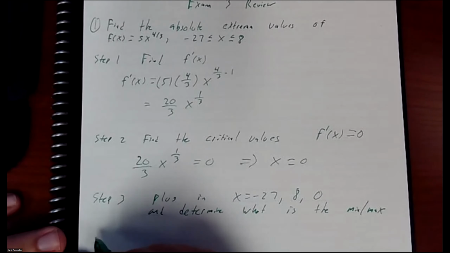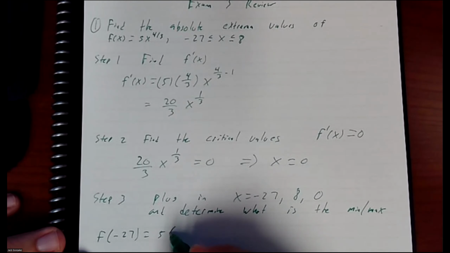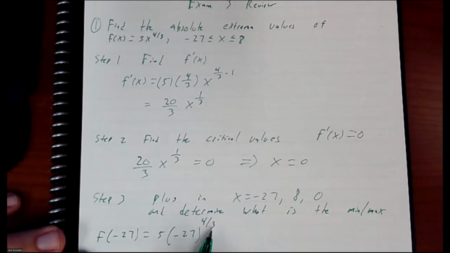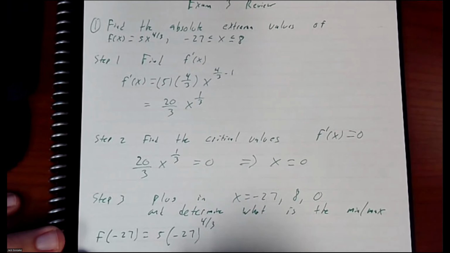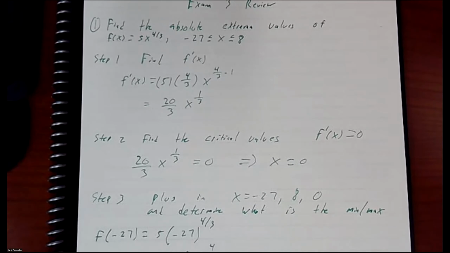So here we go. f of negative 27 is equal to 5 times negative 27 to the 4/3. So that will be 5 times the cube root of negative 27, which is negative 3, to the 4th power. 3 times 3 is 9, times 3 is 27, times 3 is 81.